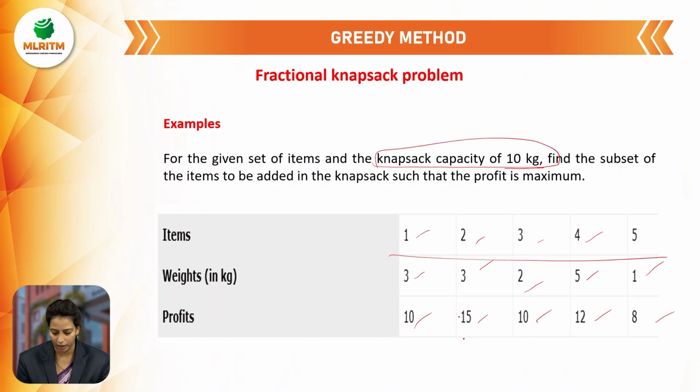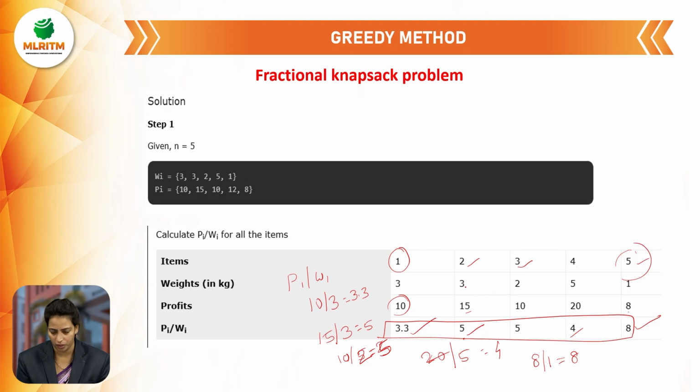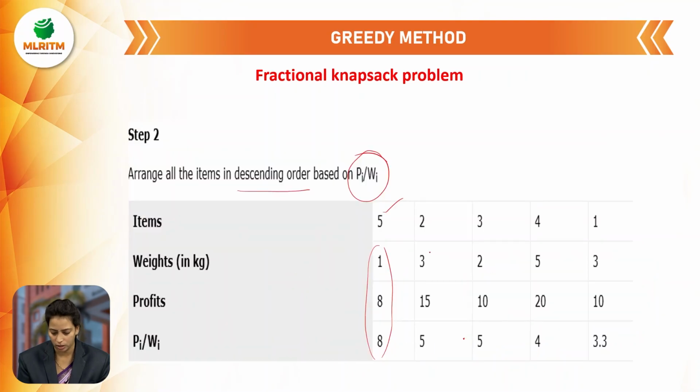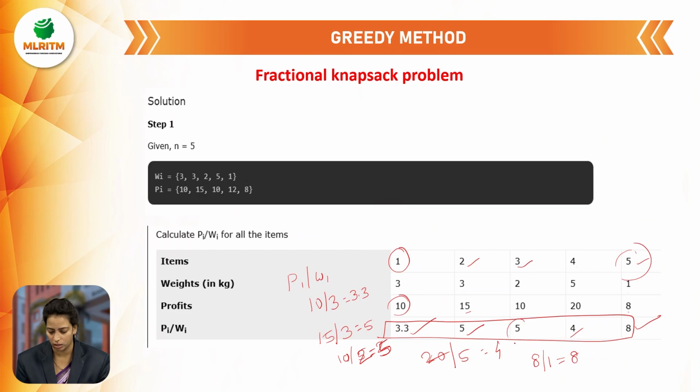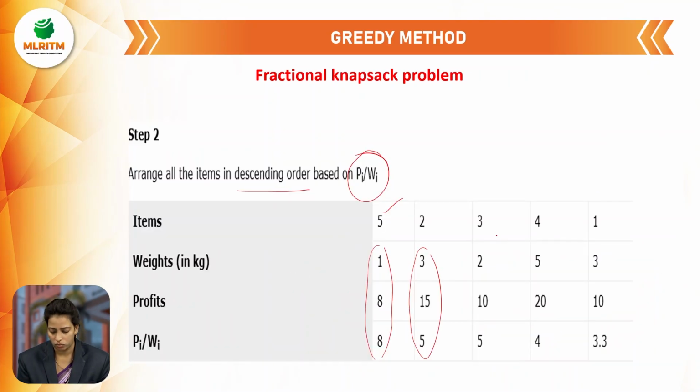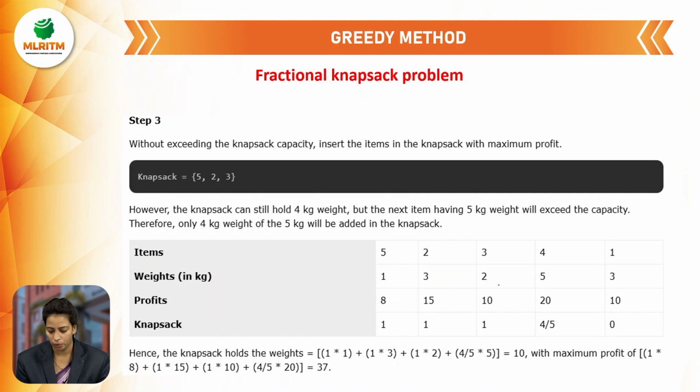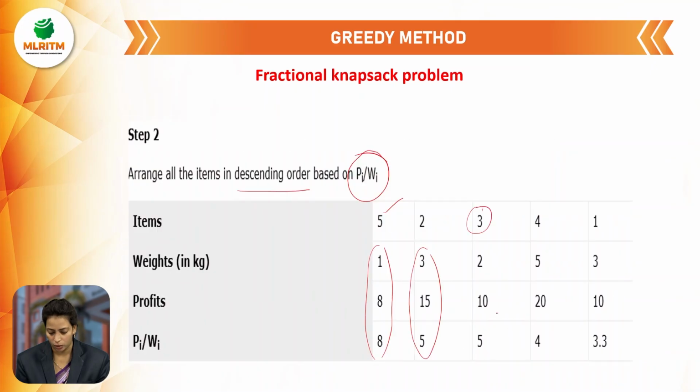So consider the second item. Its weight is 3, profit is 15, Pi by Wi ratio is 5. So here we take 3, 15, 5. The next highest is 5, and the corresponding item is 3. Next we place item 3. Corresponding weight, profit, Pi by Wi ratio is 2, 10, 5.